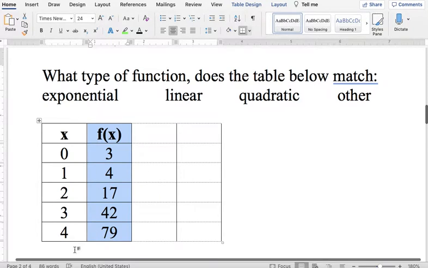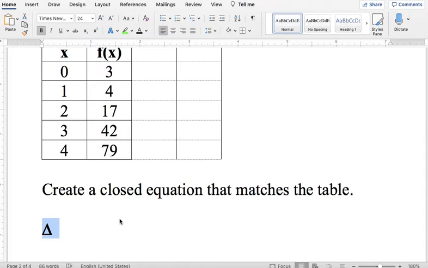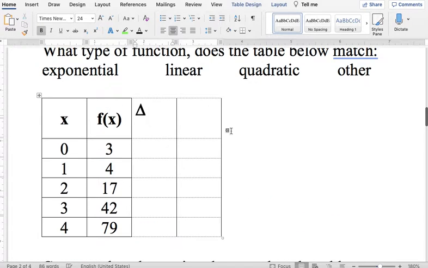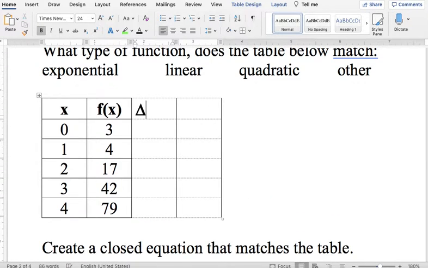One thing you could do is create a difference column here and see if there's a pattern there. So from 3 to 4, there's a plus 1. From 4 to 17, plus 13.